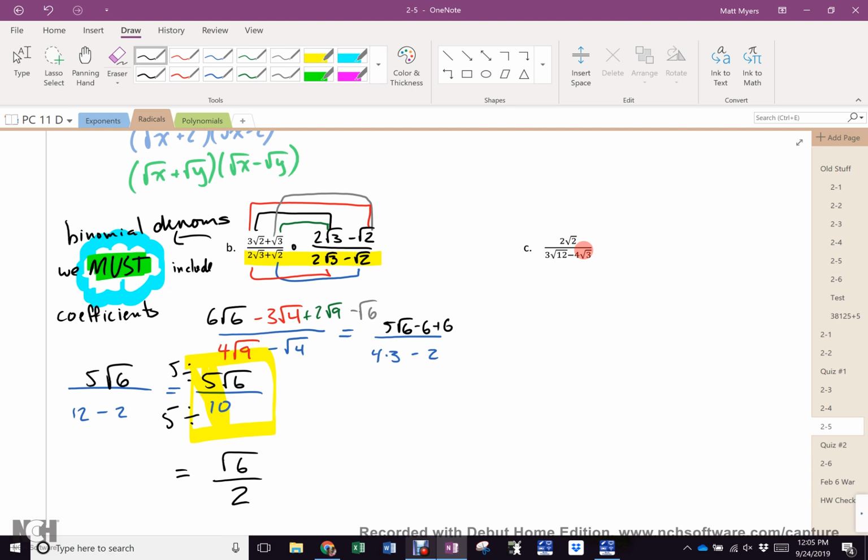You could simplify first. Where would you simplify? 2, 3, or 12? So that's going to get me 2 root 2 over, how do I simplify 12? So what would it come out as? 12 root 3? 6 root 3 minus 4 root 3.